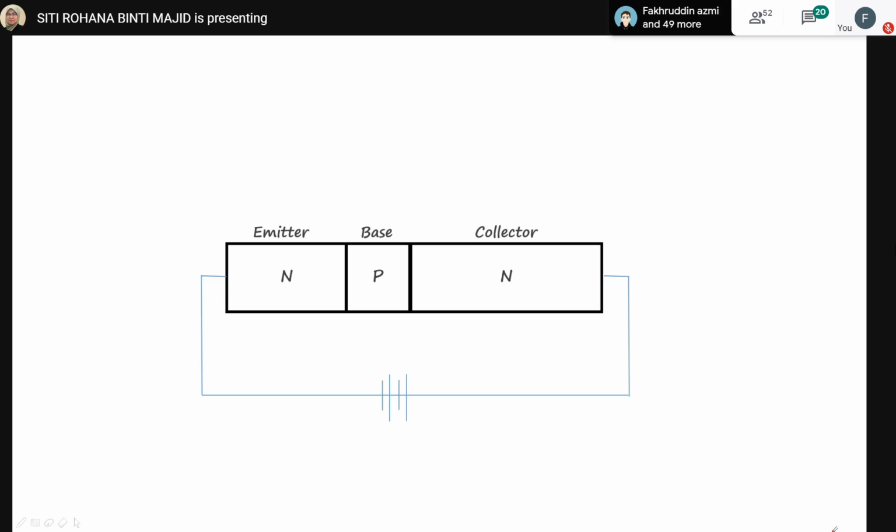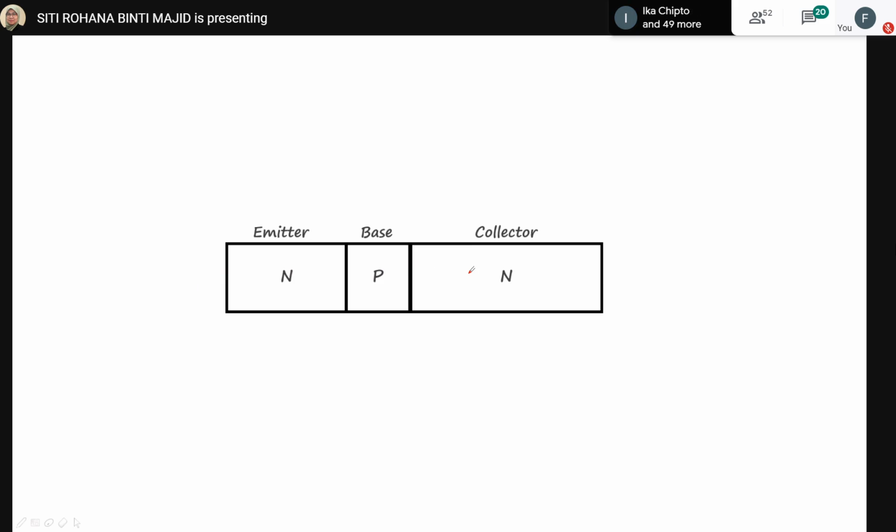There are two N type regions here and one P type region, which is sandwiched in between.